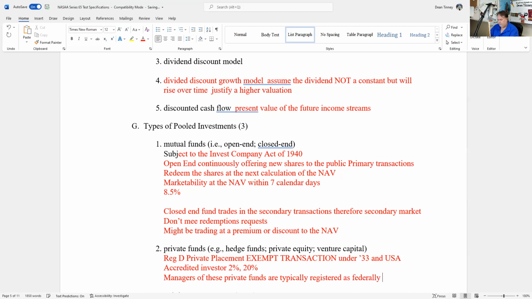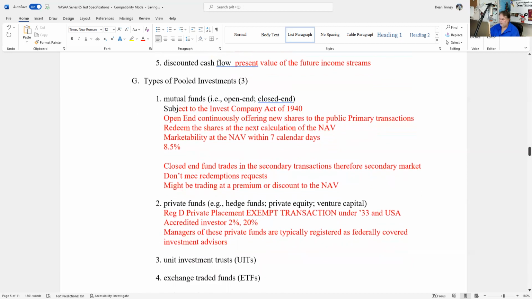And remember what federally covered means, very testable. That means they have $100 million of assets under management. Managers of the private funds are typically registered as federally covered investment advisers. Venture capital, just again for your own edification, I don't think it's high risk on the test.